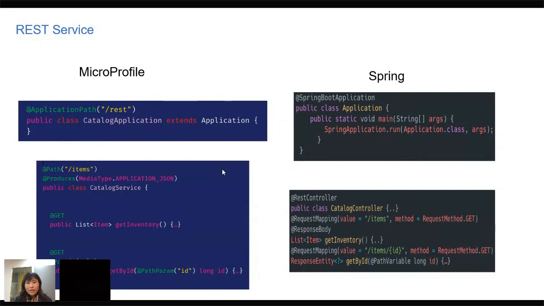Here the RequestMapping value is /atoms, and it says it is a GET operation. In Jakarta, you say @GET, and in Spring you say RequestMethod.GET. So this is very comparable. Basically the way to do the URL is very similar to MicroProfile Jakarta as well.